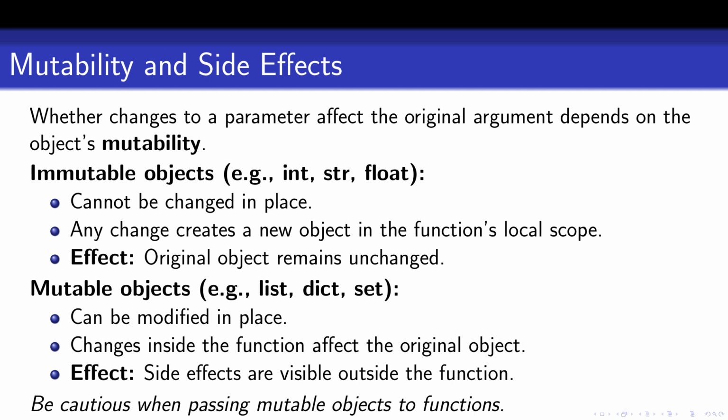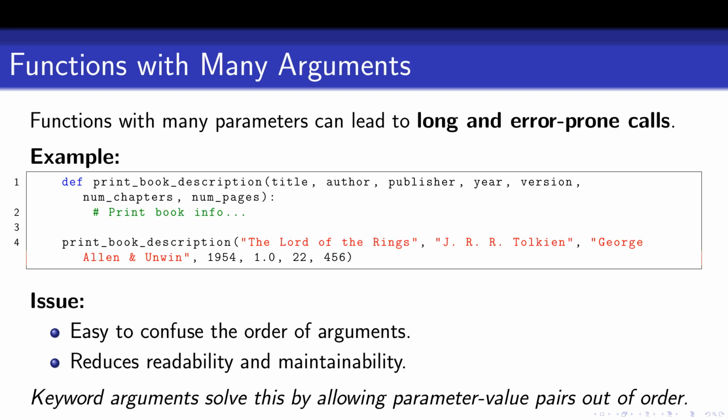So if you pass a list into a function and modify it inside, those changes will be reflected outside the function as well. This is why it's important to know the type of object you're working with. If you want to avoid unintended side effects, especially with mutable types, consider making copies before passing them into functions. As functions become more complex, they may require many arguments, which can make function calls harder to read and maintain.